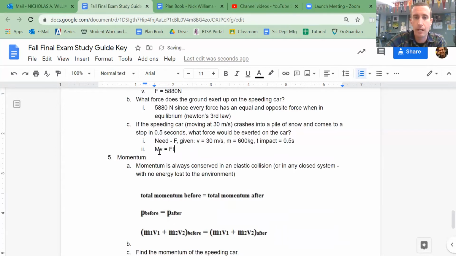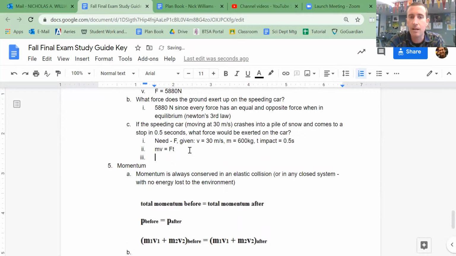And that should be a lowercase m. There you go. mv equals Ft. So now when I plug in, my mass is 600 kilograms times my velocity, which is 30 meters per second, equals the force, that's what I'm solving for, times the time of 0.5 seconds.